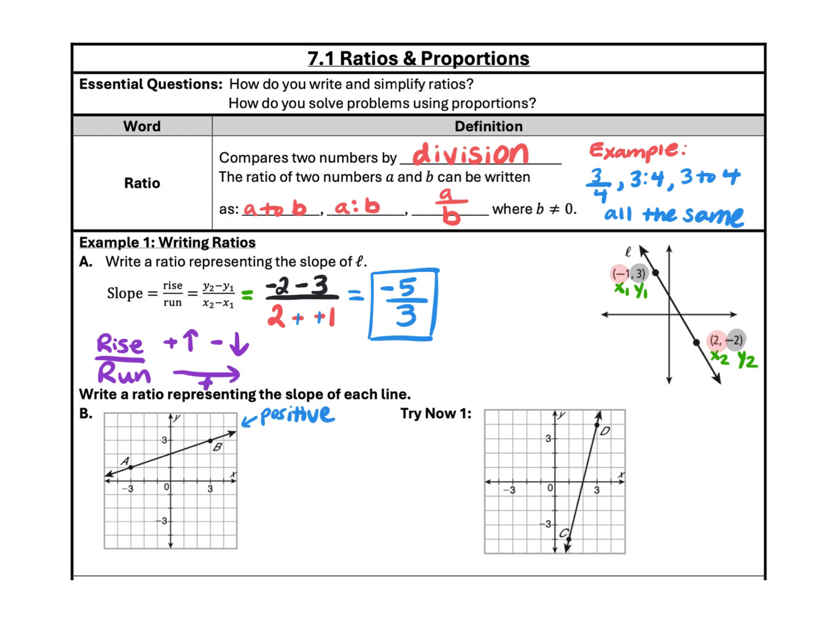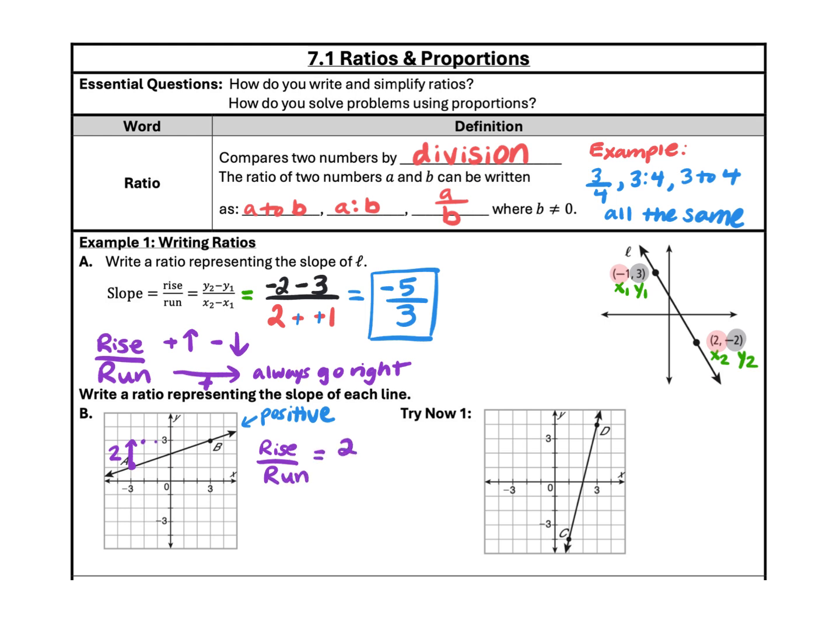That means when I start at my first point, I need to start at the point that's on the left so that we always go right. We never go left. So if I start right here at A, the rise is how many I have to go up to get to B. Well, I go up 1, 2 boxes. So that's the rise. So my rise over run is 2, and then the run is how many I have to move to the right.